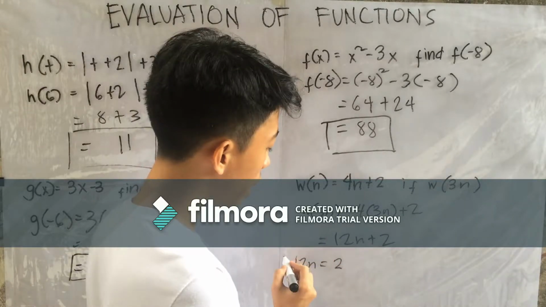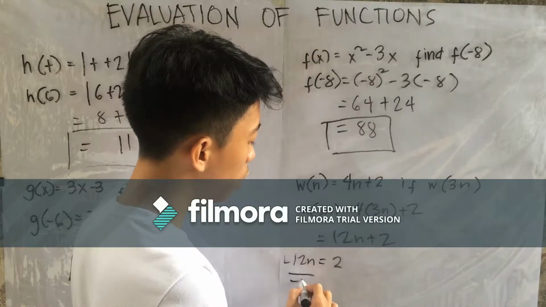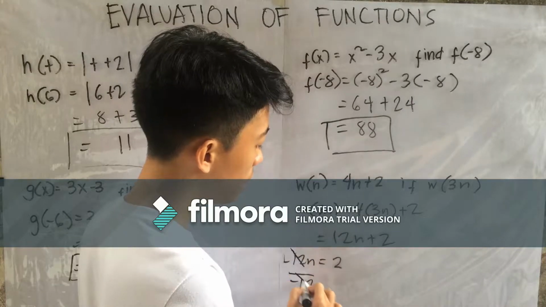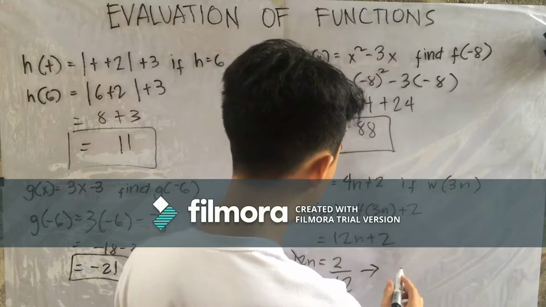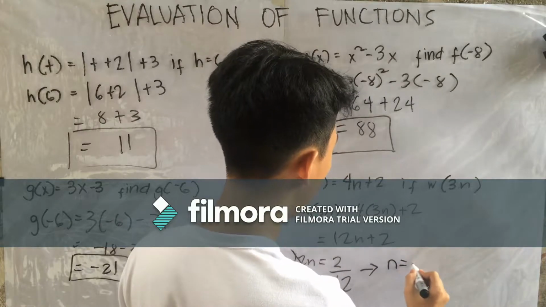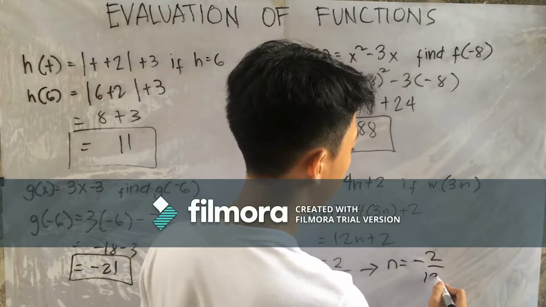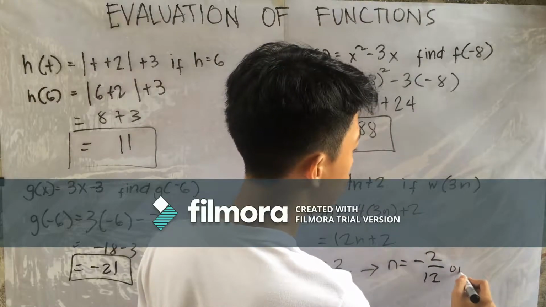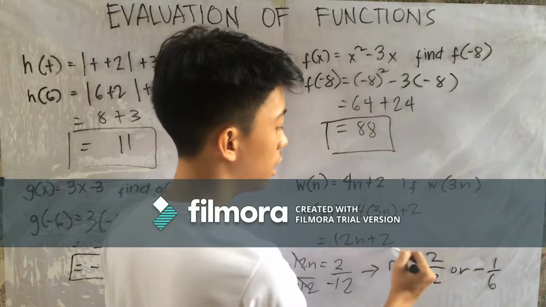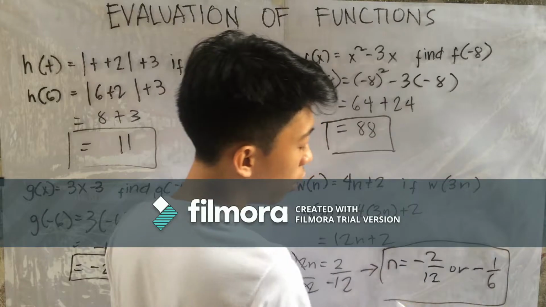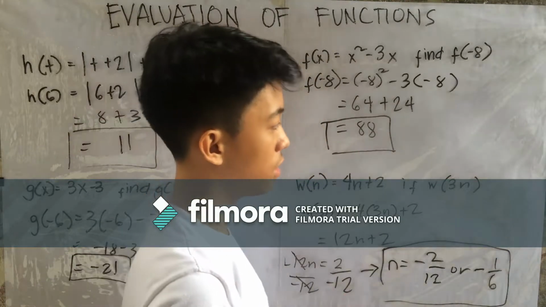Negative 12n na siya kasi lumipat na nga. So, over negative 12 para mawala to, para makancel. Then, the answer is n is equals to negative 2 over 12, or lowest term, negative 1 over 6. Yun siya, guys. Pero, ang tatanggapin dyan is yung negative 1 over 6 dahil siya yung pinaka-lowest term.